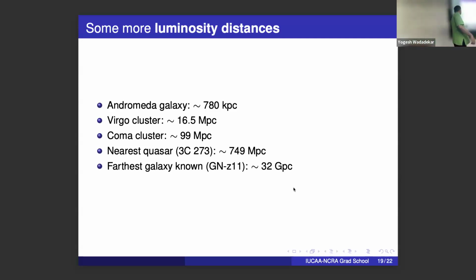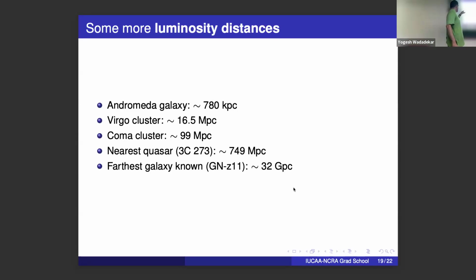The nearest quasar is an object known as 3C273. 3C stands for the third Cambridge catalog. And that object is about 750 megaparsecs away. And the farthest known galaxy, okay, this is a slightly moving target, as of a few months ago, GN-z11.